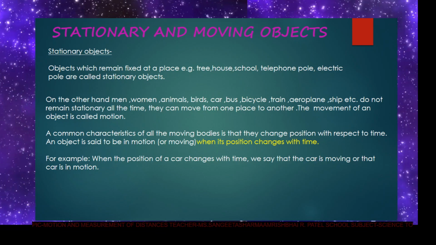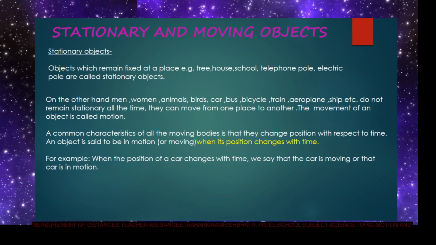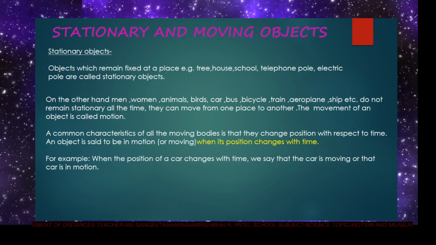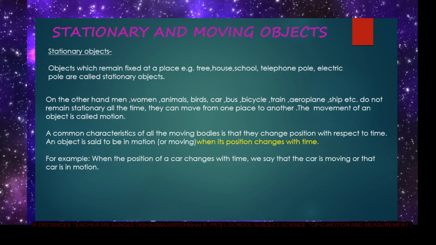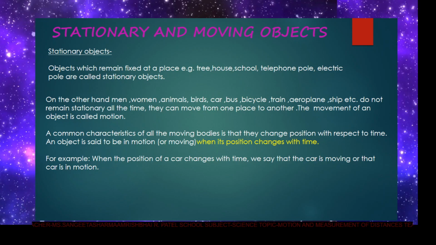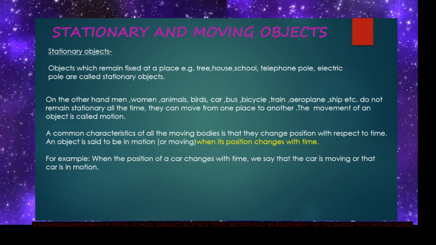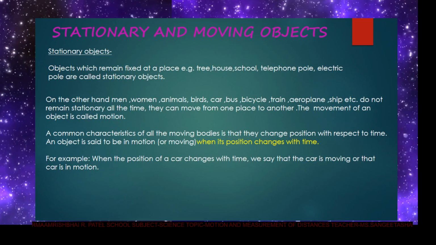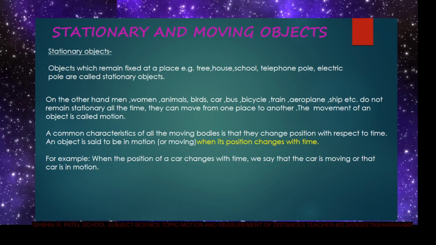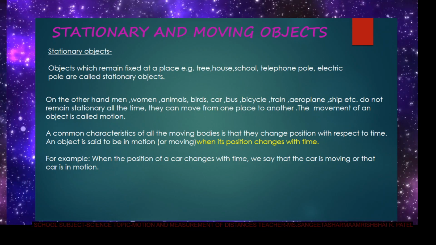That is why we call them stationary objects. On the other hand, men, women, animals, birds, car, bus, bicycle, train, aeroplane, ship, etc. do not remain stationary all the time. They can move from one place to another. The movement of an object is called motion.